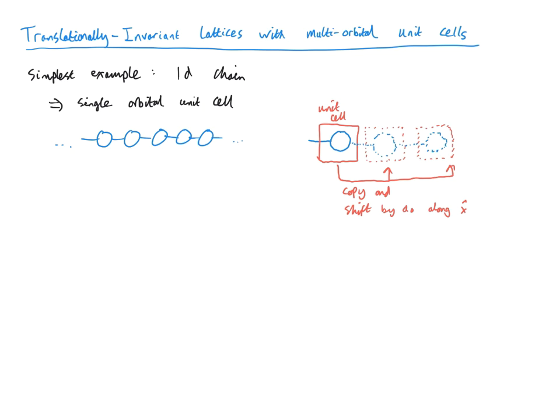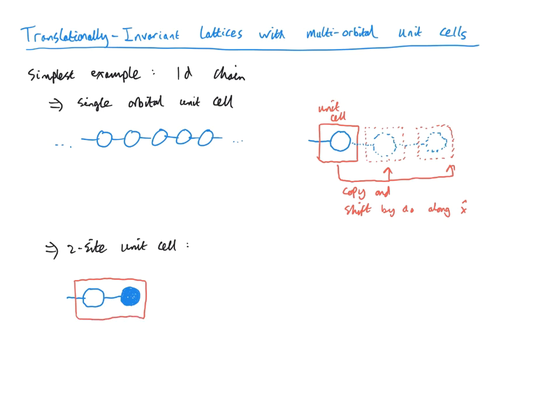Let's have a look at the two-site unit cell. And draw these in different colors. Let's imagine that one of them is different from the other in some way. I'm coloring one in blue, the other one is open. And now this is my unit cell.